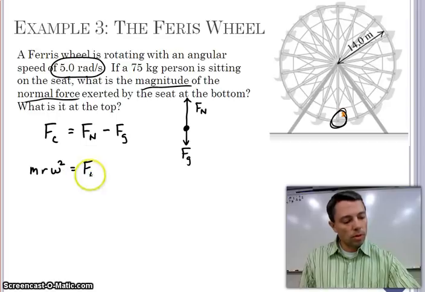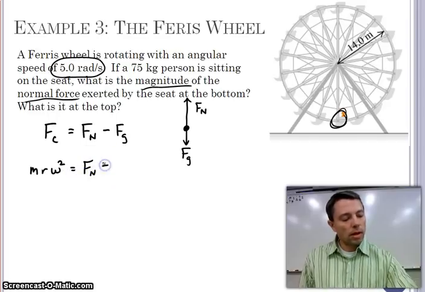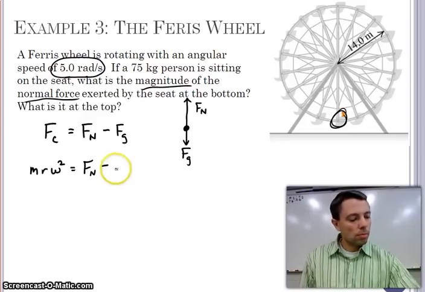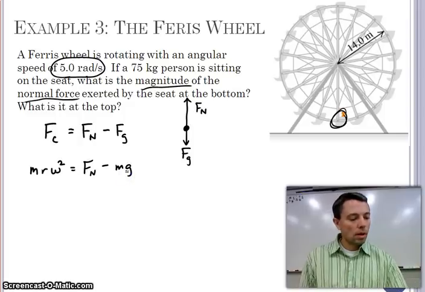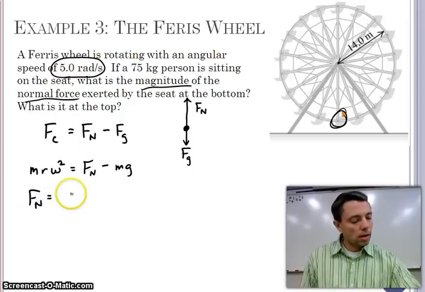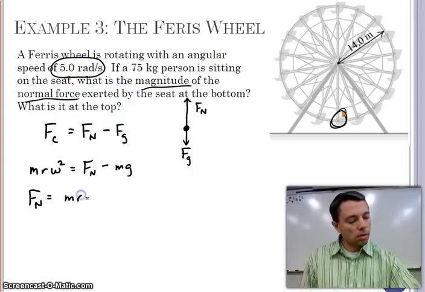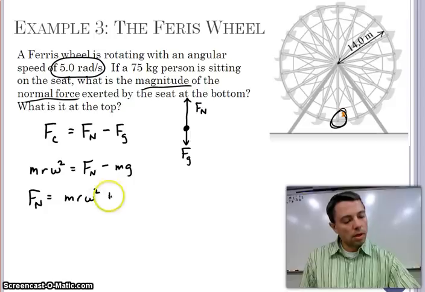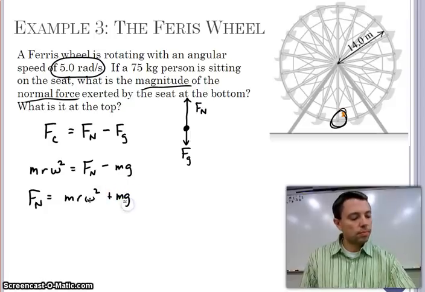My force normal is what I'm looking for, and the weight of my person is just going to be the mass of my person times gravity, okay? So now I'm going to solve for my Fn. Fn just equals m r omega squared plus mg, okay?